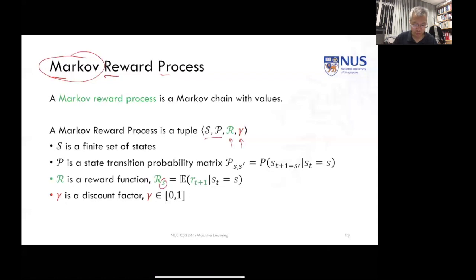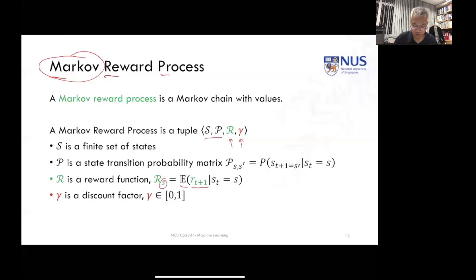So we can just simplify the process down to having a single state that has a fixed reward, okay? And we're going to say that reward is going to be the expectation of the rewards that you would incur at the next time step. Okay, let's be clear about this. You enter a state, okay, and then as soon as you exit the state, you receive the reward for that state. So reward at time t+1 is the reward for being in the state at time t.